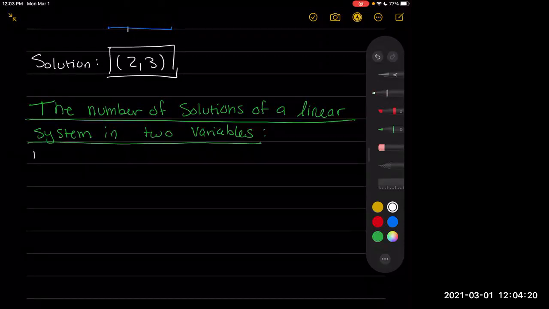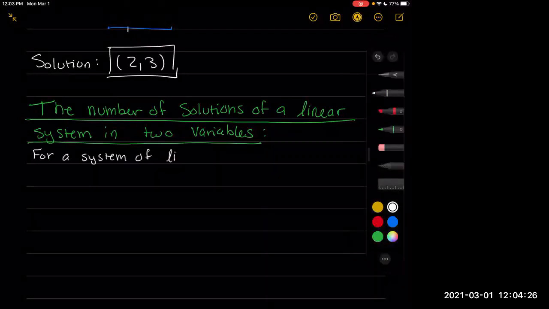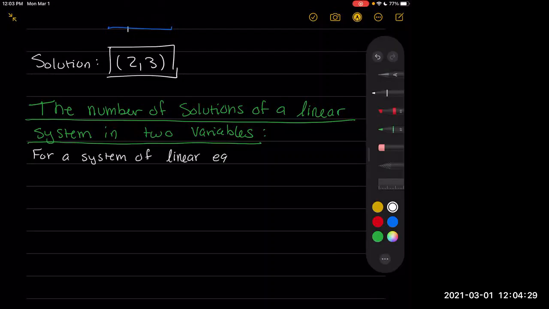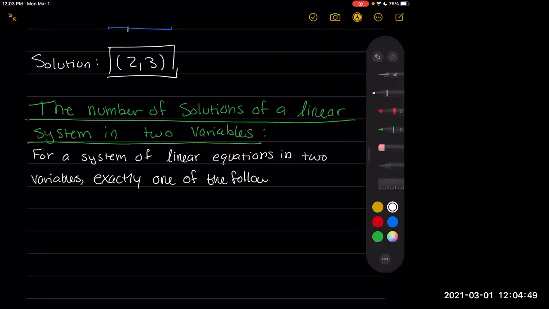So, for a system of linear equations in two variables, exactly one of the following is true.